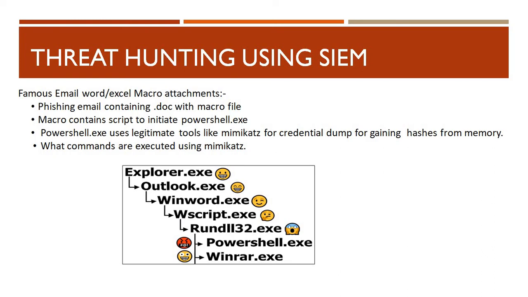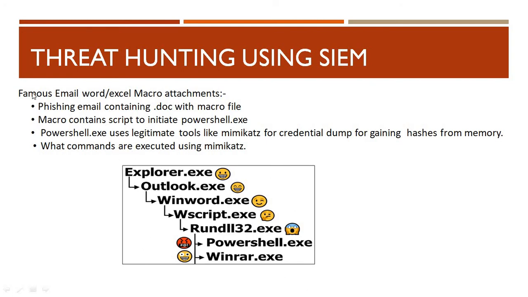So in the backend it uses the wscript.exe process to execute this VBA macro or VBA script. And once the wscript.exe process is executed, after that it initiates the PowerShell prompt or any kind of error prompt or a command prompt, based on the working of the malware or the maliciousness of that application or the attacker. So this is how a threat hunting process chain flows.